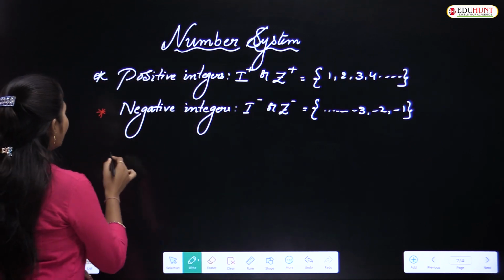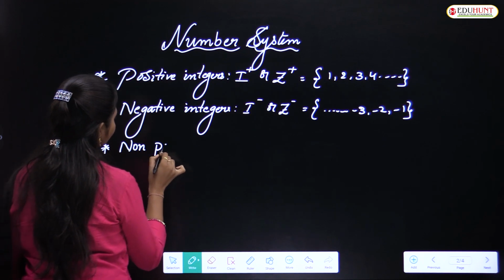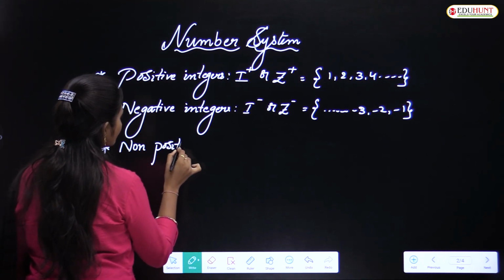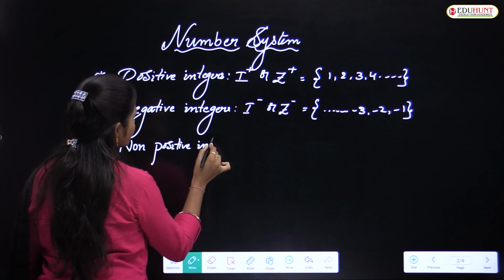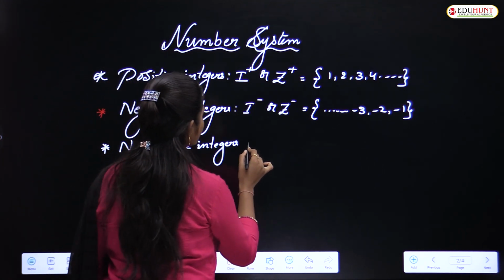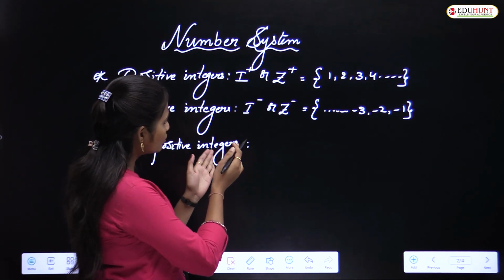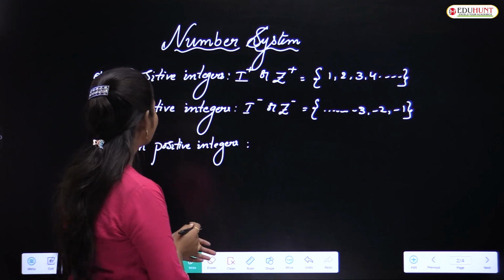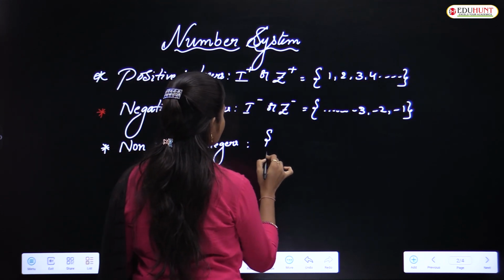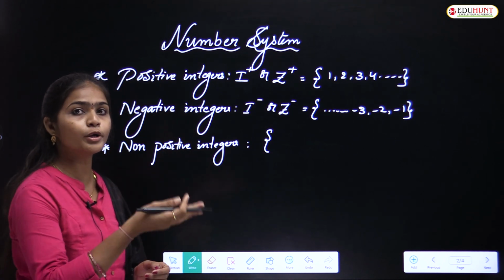Okay, and here non-positive integers. Non-positive integers: there is no special set name to identify here. Directly we can write non-positive, the numbers which are not positive.